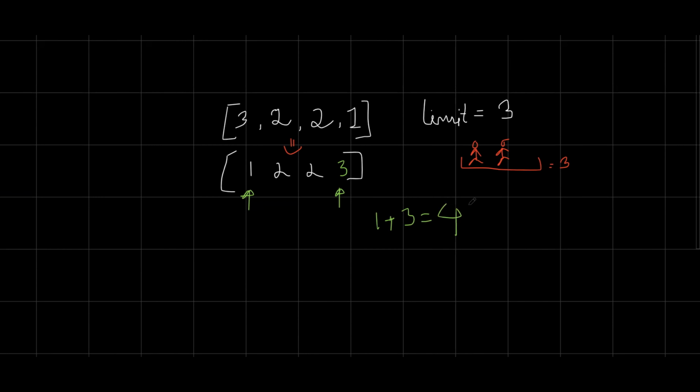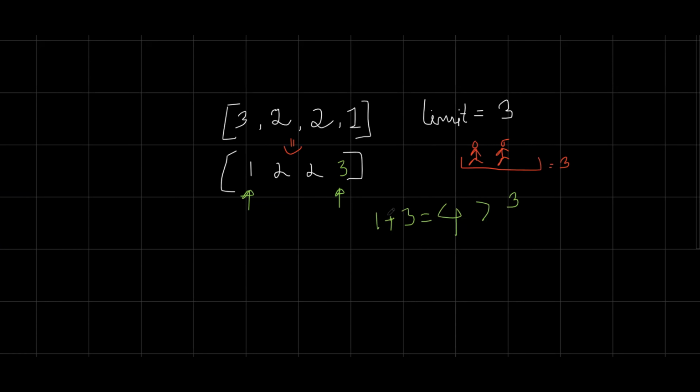But wait, 4 is greater than the limit, which is 3. So we cannot put this person and this person into the same board. But we have to put every person into a board.